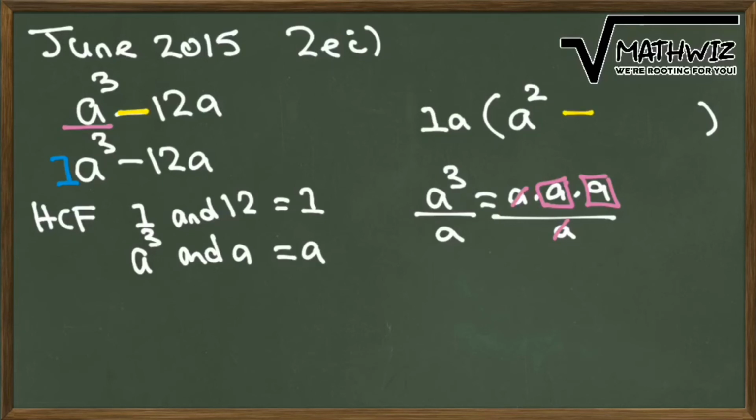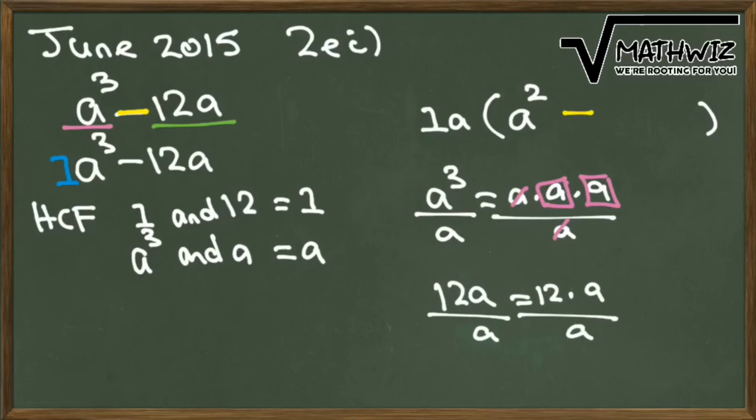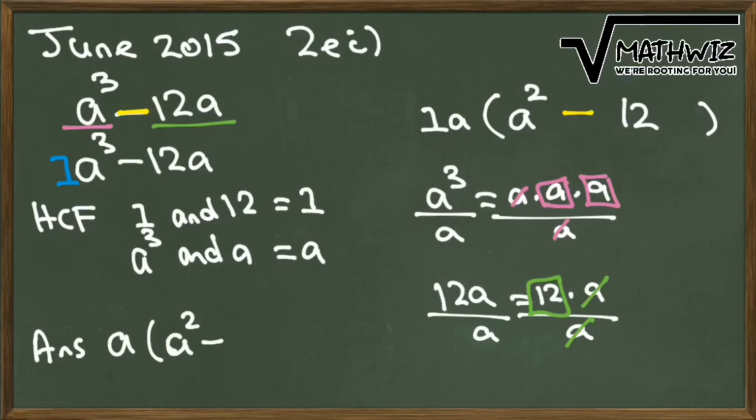We are then going to have the second term, which is the 12a over a, which is 12 times a over a. So the a's cancel, and what's left over is 12. So again, for your answer, you don't put the 1, you simply put a open bracket a squared minus 12.